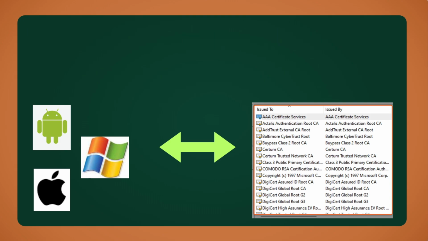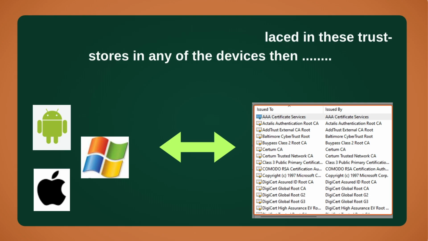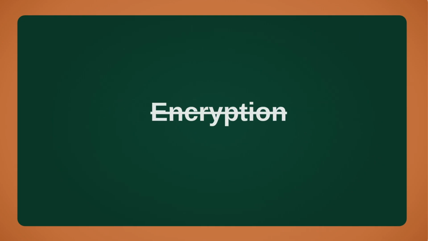If anyone is able to put their own certificate in this trusted list of certificates, then they can simply sniff your TLS connection. And guess what? Your server would never know of that. Common examples are rooted Android devices or jailbroken iOS devices. The trust factor is gone, the safety of encryption is gone.